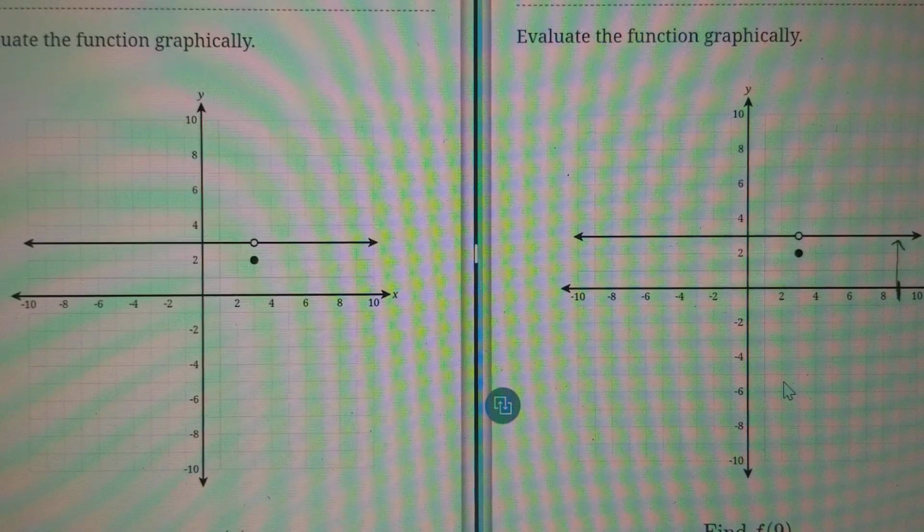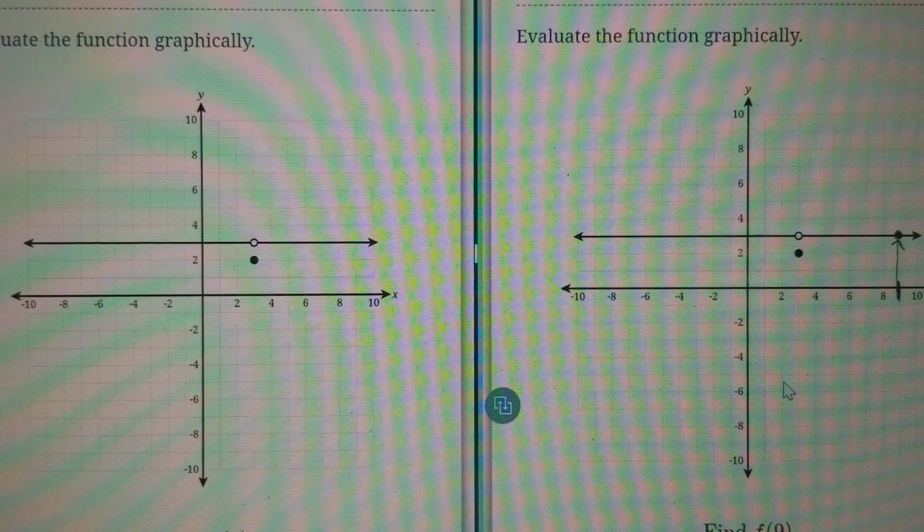And when we look at f of 9 on this function, we see that f of 9 is where y equals 3. So we're going to say f of 9 is equal to 3, and that's going to be our answer.